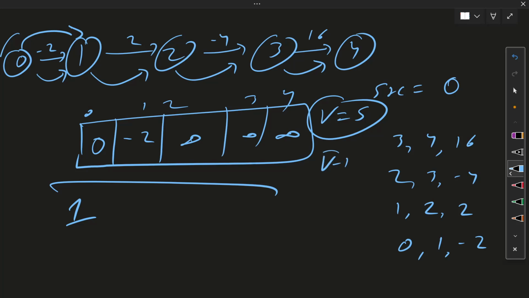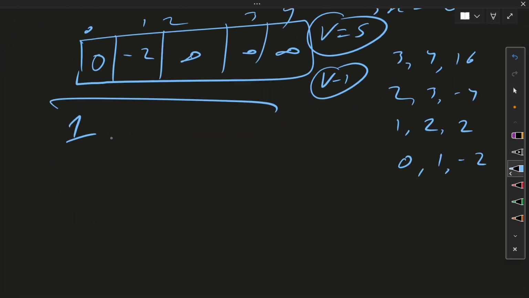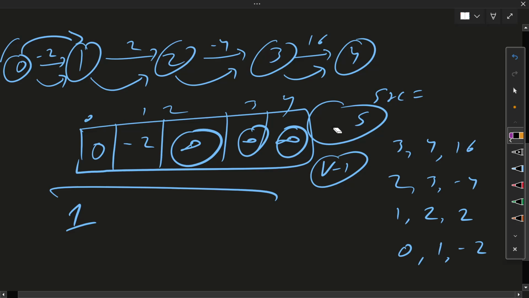So that's why V minus one iterations we have to perform. After that, each and every value contains the amount to reach that particular index.